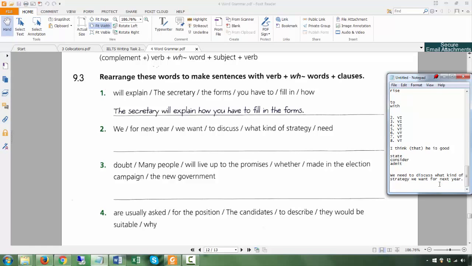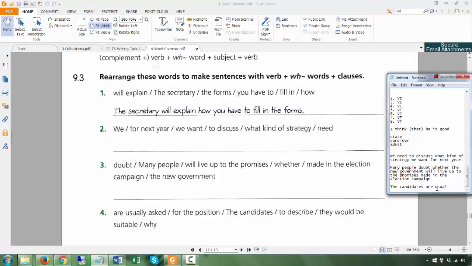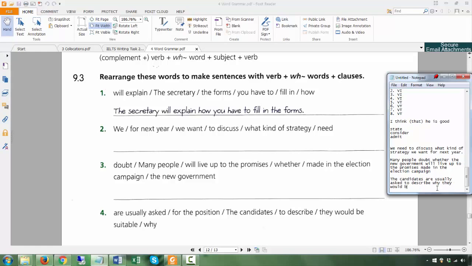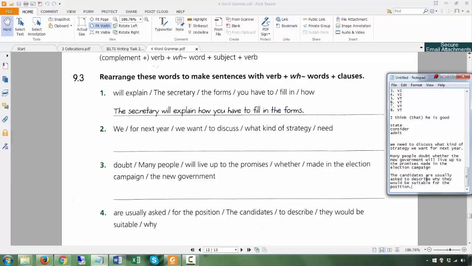Next, many people doubt whether the new government will live up to the promises made in the election campaign. Doubt is the verb, whether. The candidates are usually asked to describe why they would be suitable for the position. Describe, verb, why.